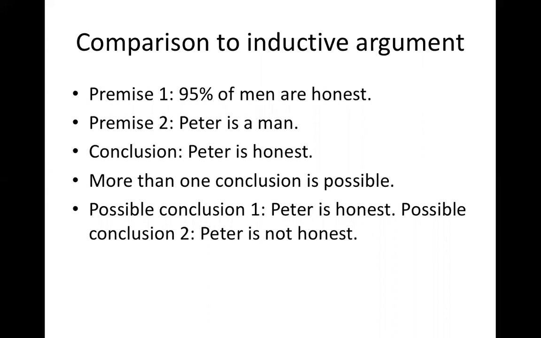Because it says 95% of men. So that means Peter can be among the 5% that are dishonest. So that means that more than one conclusion is possible. Possible conclusion 1 will be Peter is honest. Possible conclusion 2 will be Peter is not honest. So the conclusion does not follow with certainty. That means it is not a valid argument. It is an inductive argument.